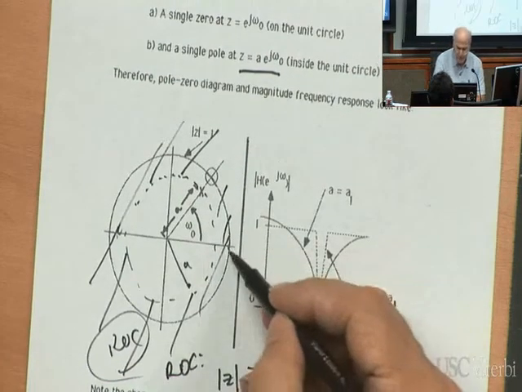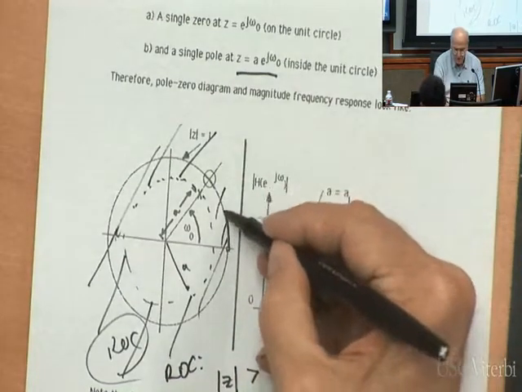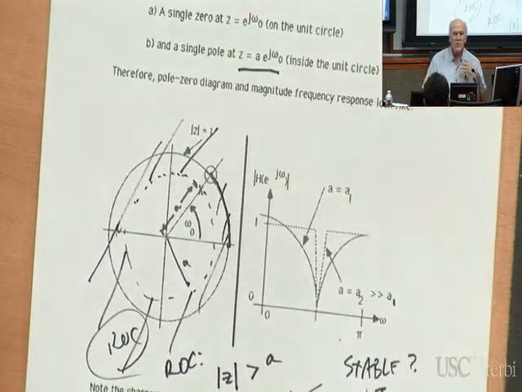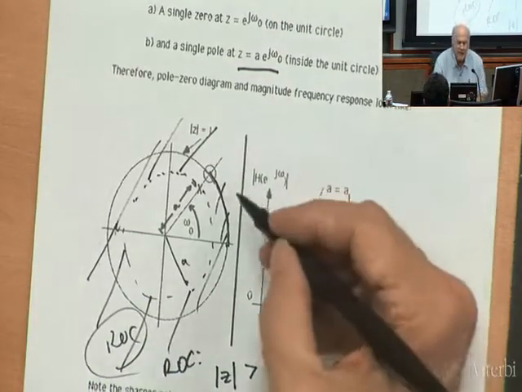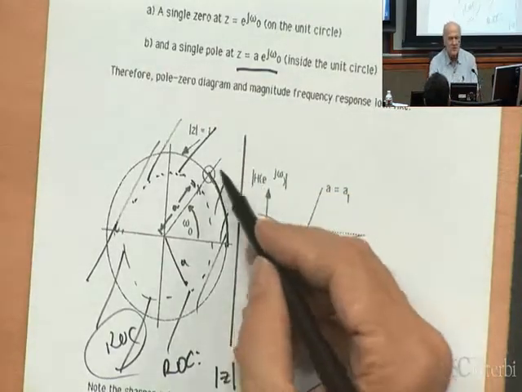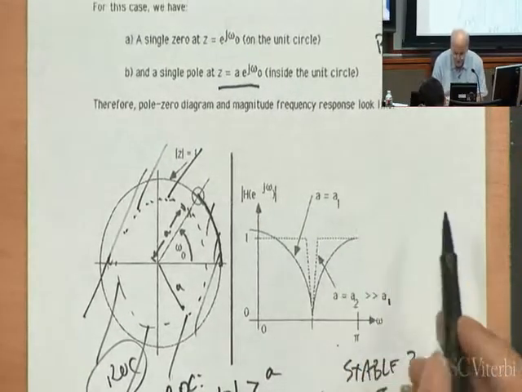So as we start off walking around this circle, what are we going to run up against? We're going to hit this guy. So we know right there that if we have a zero on the unit circle, the frequency response has to go to 0 at that frequency. So here are some sketches.